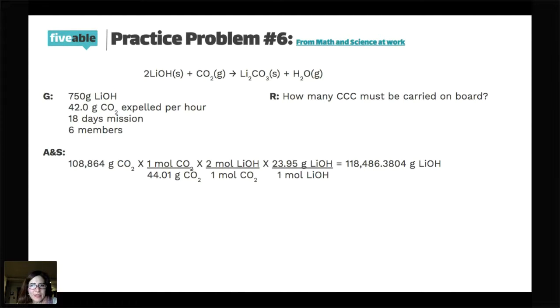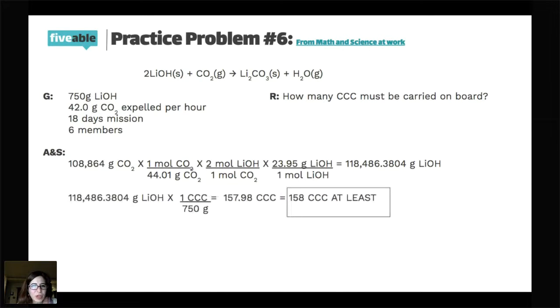And then they gave us another data in which every CCC contains 750 grams of lithium hydroxide. So we do this ratio of every CCC, 750 grams, and we will get this amount.